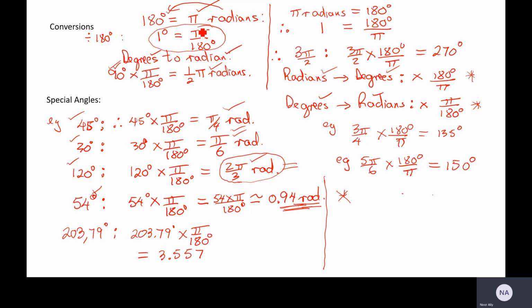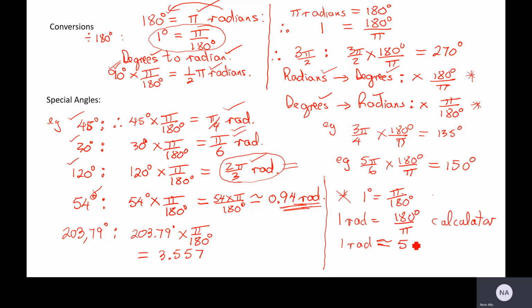Now, just one more thing before we go on to the next part. 1 degree is equal to pi over 180 radians. And 1 radian is equal to 180 over pi degrees. So how many degrees in effect? Use your calculator: 180 divided by pi, and there, 57.29 degrees.